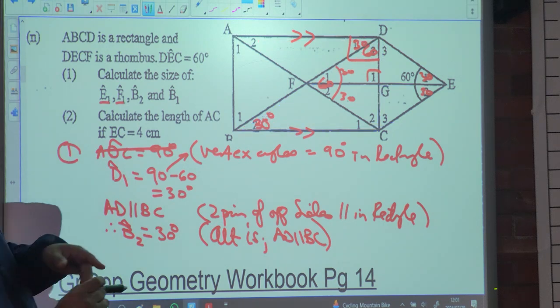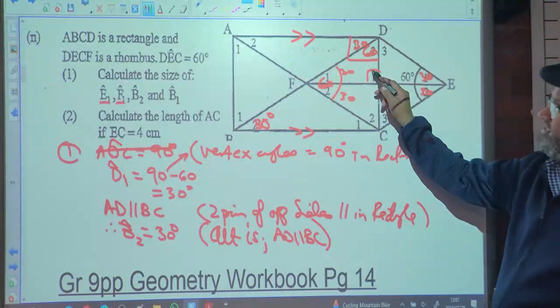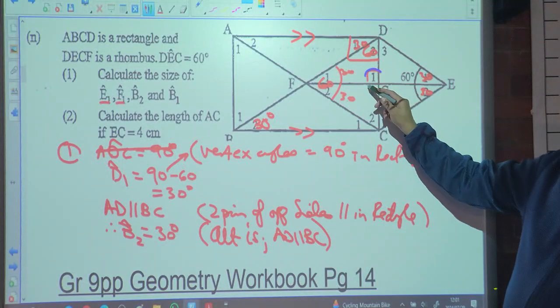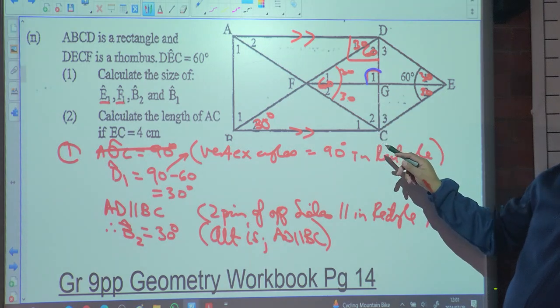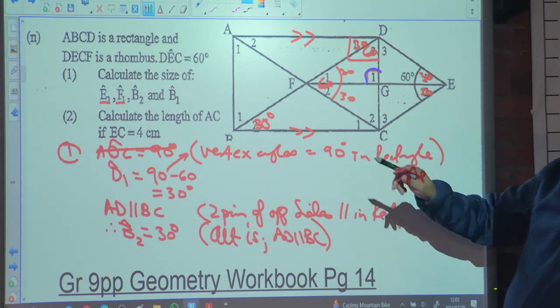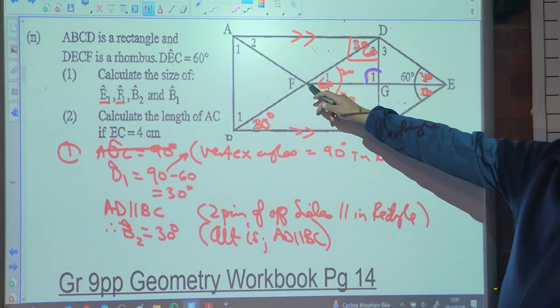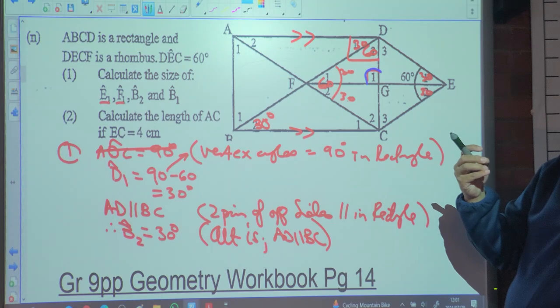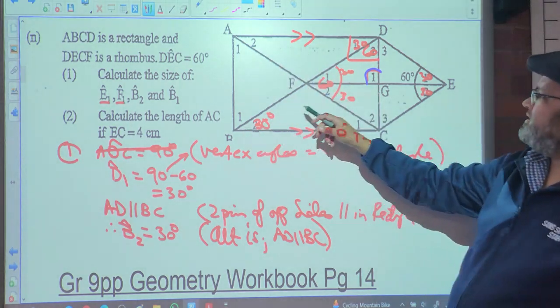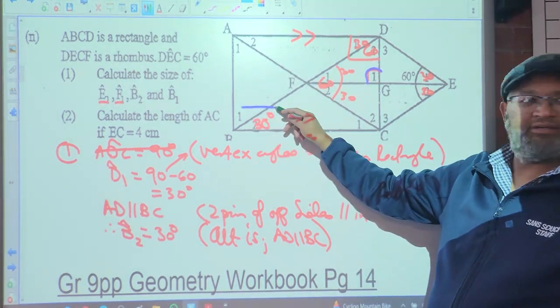Okay, what do you say? So you said this was 90. Parallel, corresponding with B to F. B1 and F corresponding. What's the angle? A, B, C. Yes, it's also 90.